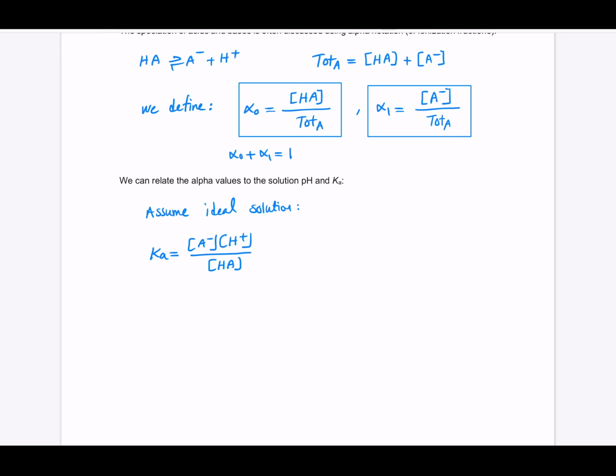So no surprise there. And now we had also alpha 0 to be HA, how we define alpha 0, over total A. So we can a little bit expand the total, then it would be HA divided by HA plus A minus. So basically, that's what the total is.